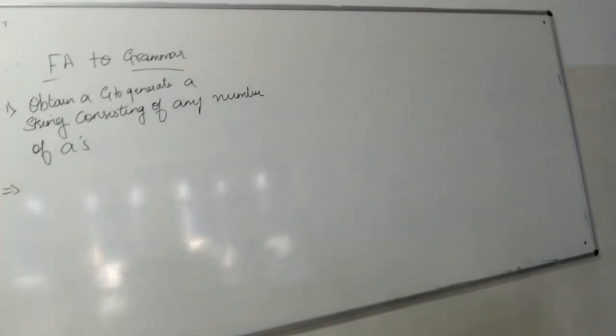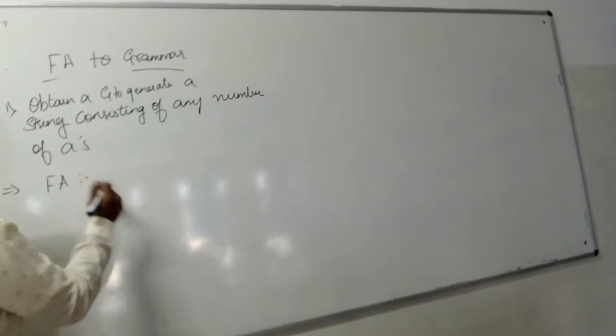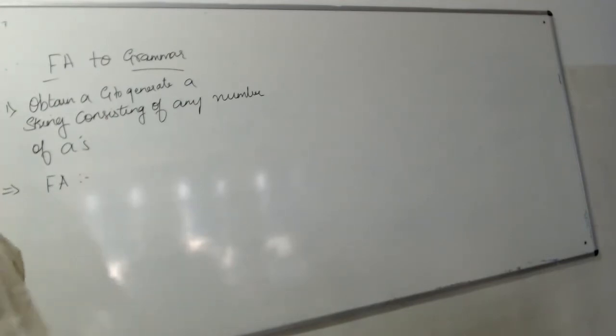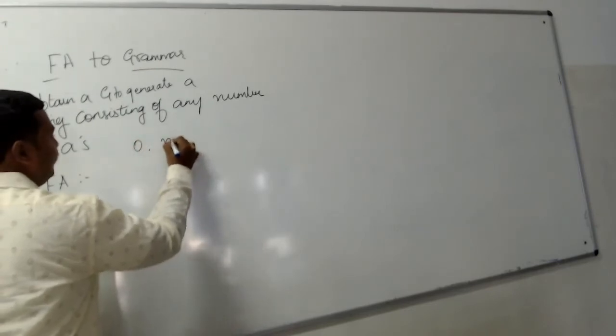Any number of A's, what does that mean first? So what shall we do now? We'll analyze this particular problem with respect to finite automata. So let us draw the finite automata. String consisting of any number of A's. So it can be 0 or it can be n.